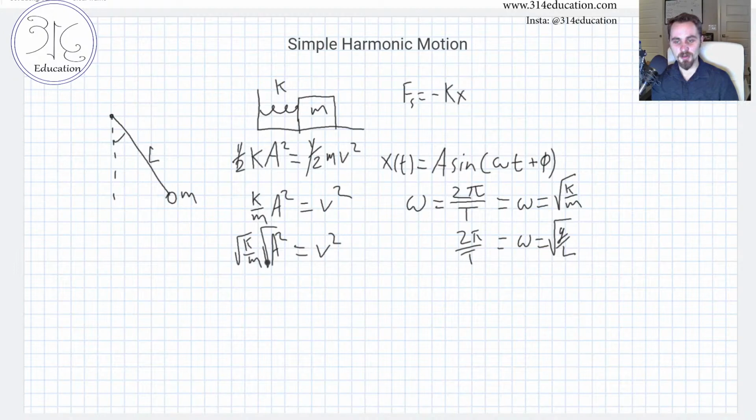And so what we can do then is write this as A times the square root of k over m, which is going to be v. And so what's neat is we see that this is A times omega is our v. That's our maximum velocity is going to be our omega value times our maximum amplitude.